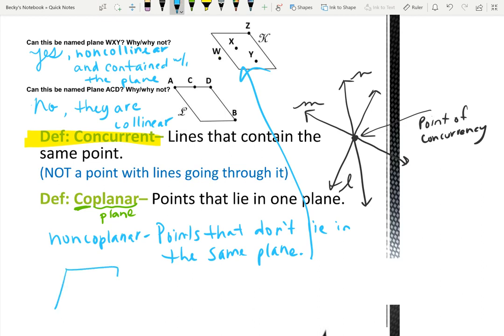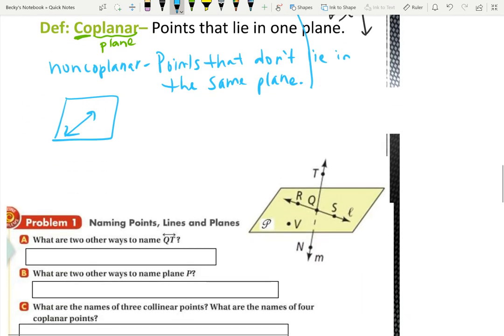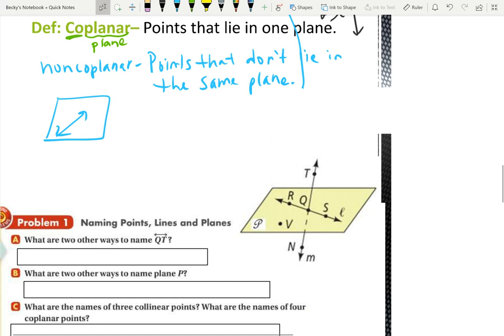If I just draw it like this and put the line on it, that's not right because that looks like the line is in the plane. So the way we would draw it is like this picture I'm showing you here. You have the plane, and then we have to kind of 3D show this line going through it. So it goes to the plane, it comes out the bottom. If you want to do the little dashes, you can.